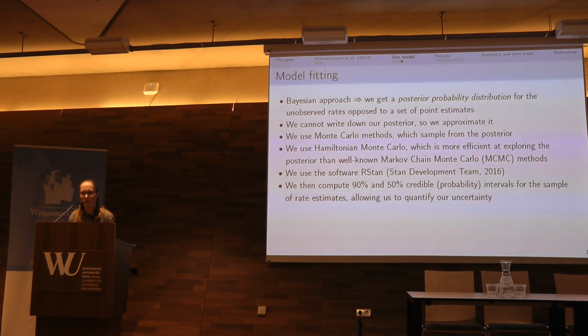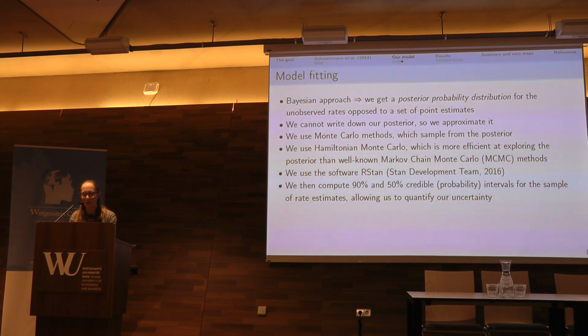So now I'll just briefly talk about how we fit the model. As we're taking a Bayesian approach, this means that for each unobserved rate, we get a posterior probability distribution, as opposed to a point estimate. And then we can't write down this posterior because our model is quite complex, so we approximate it. And we use Monte Carlo methods to do this, which sample from the posterior.